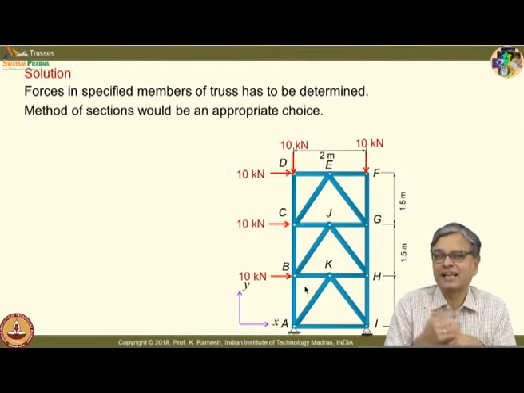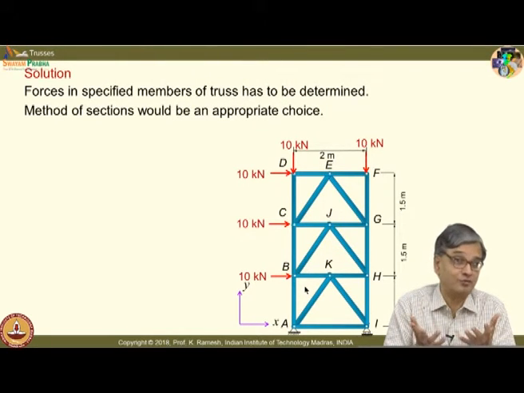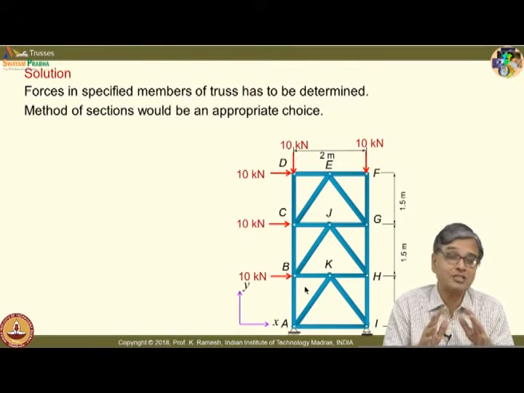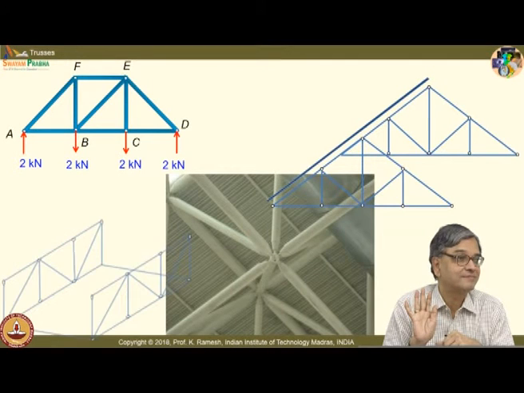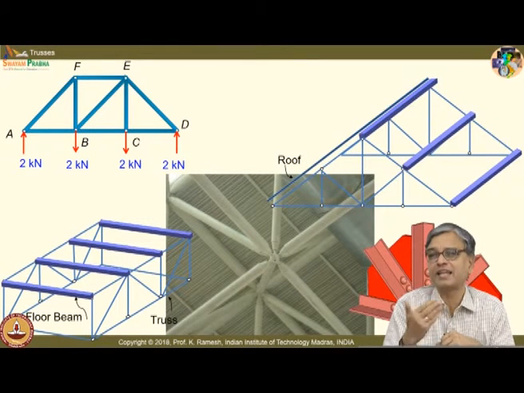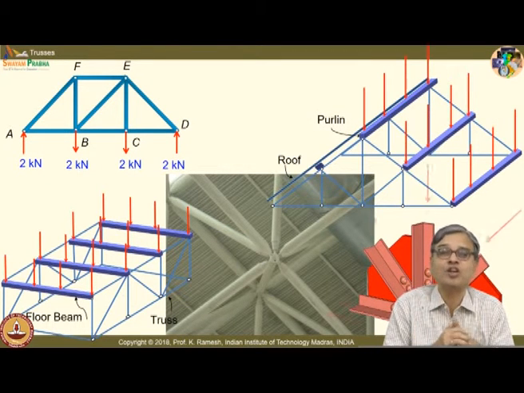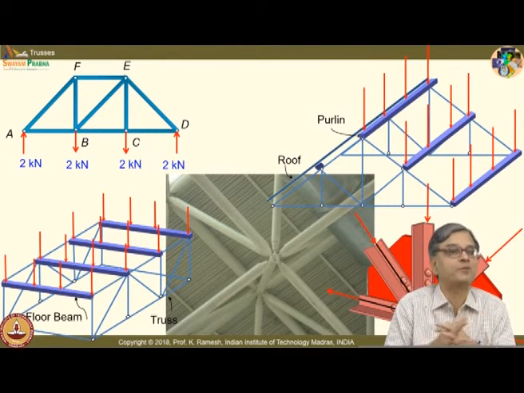And I say that I can cut 4 members, that means 4 unknowns. How do I solve 4 unknowns with only 3 possible equations? It is still possible if you take the point about which you take the moment cleverly. So, the focus in taking this problem is to pay attention on strategies to solve a problem.